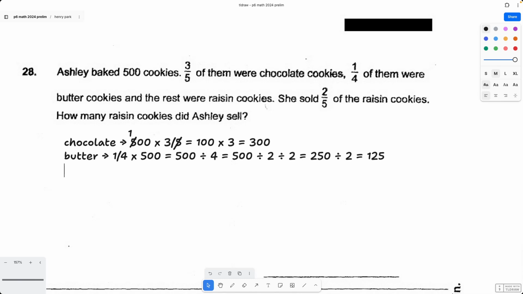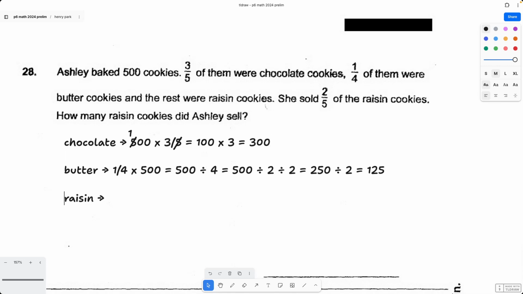Then raisin is equal to, it's like using a lot of hacks, which works, 500 minus 300 minus 125, which is 200 minus 125, which is equal to 75.